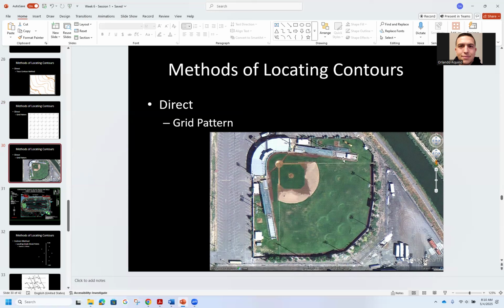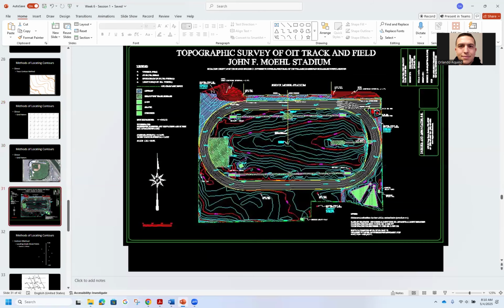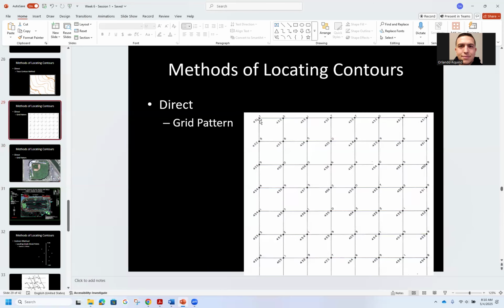They did a complete topographic survey of the outfield and infield and established all the elevations using this grid pattern method. That's the traditional sense of what professional land surveyors do nowadays. They go 30 paces by 30 paces, take measurements every 30 feet or maybe every 40 feet, then come over another 40 feet and go up. Again, it's a grid method for collecting all the data.